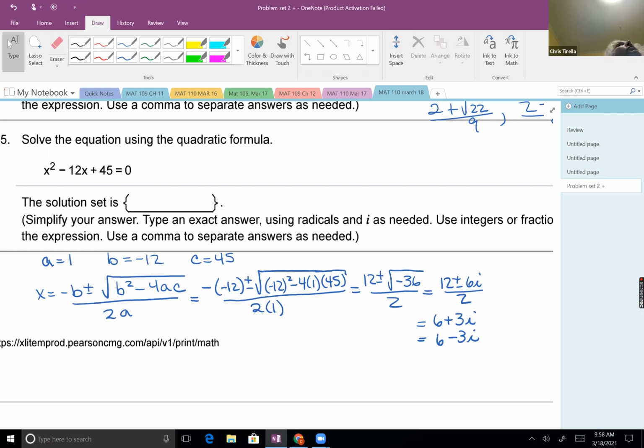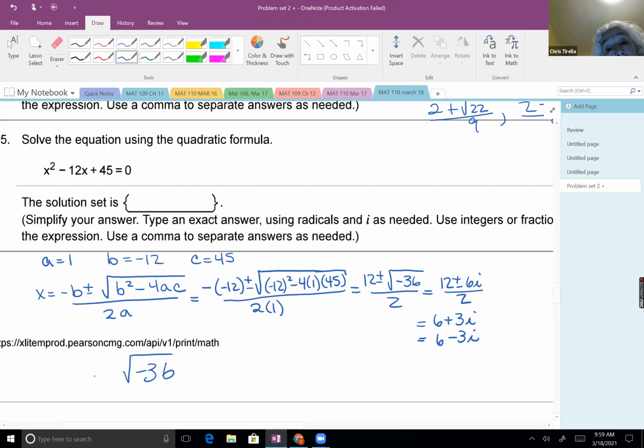How are you folks doing? Did you get 6 plus 3i and 6 minus 3i? I did. One thing on that last quiz that frightened me a little bit was that some people with something like this, when they got to the point of saying the square root of negative 36, told me that it does not exist.